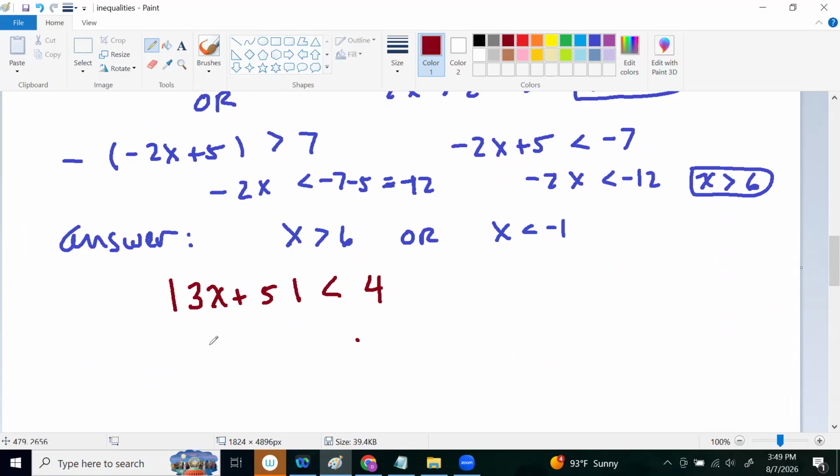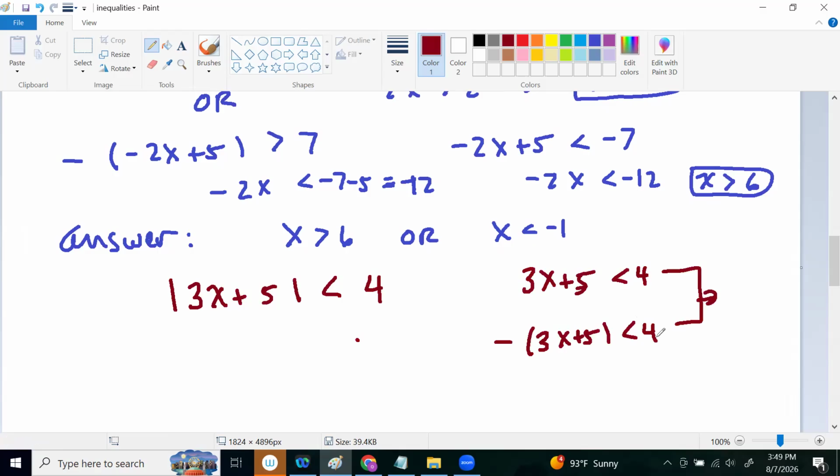Well, what this means is that 3x plus 5 is less than 4, or its opposite, these two together. But then if you multiply through by negative 1, well, I have to be careful here.